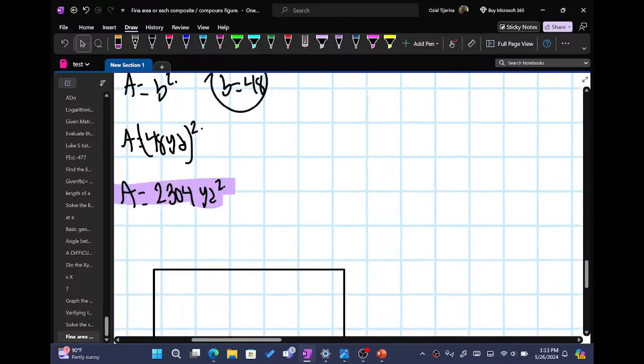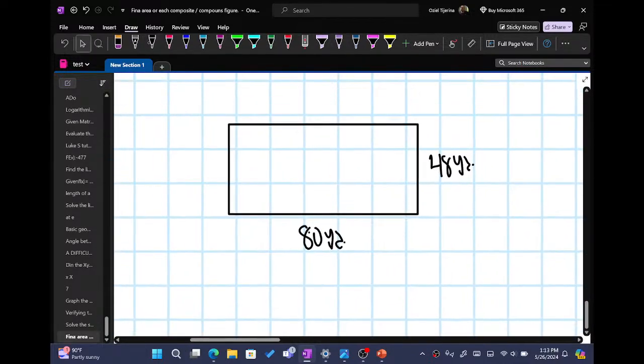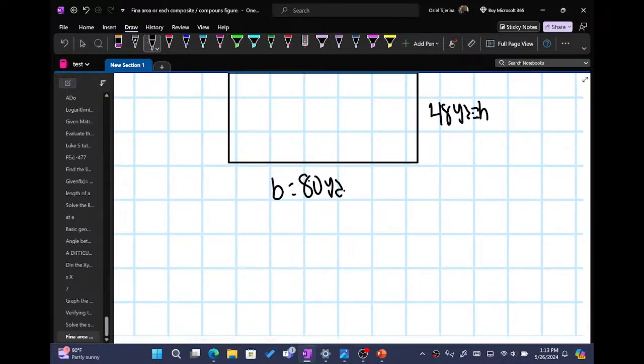And then the side here is 48 yards. So the area, so let this be the base, and let this be the height. So that's the height. So again, area of rectangle is base times height.